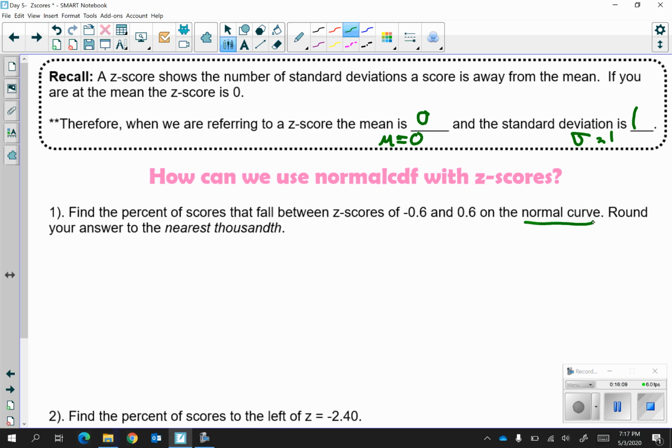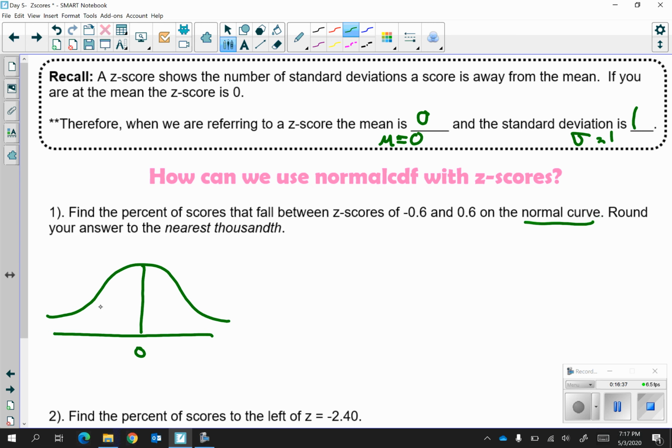So we're going to start this out like usual. In the center is going to be my average. Now, when you're talking about z-scores, we already said up top that the average is 0 because you are exactly right on the average. You're not straying away from it at all.